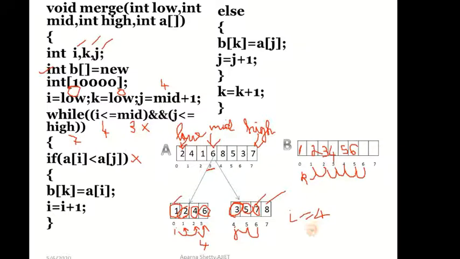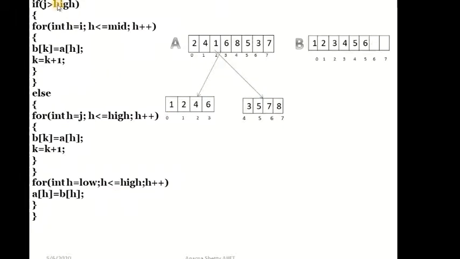At the end of the while loop, j value was equal to 6, right? So was 6 greater than high? High is 7. 6, is it greater than 7? No. So this if condition fails. Okay. So if that if condition fails, you go to the else part.